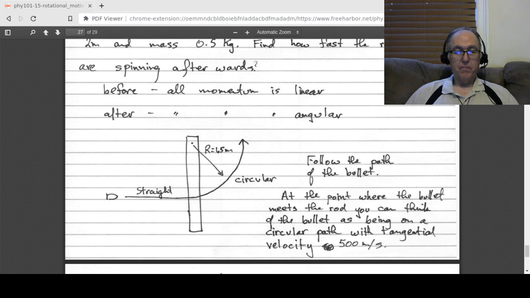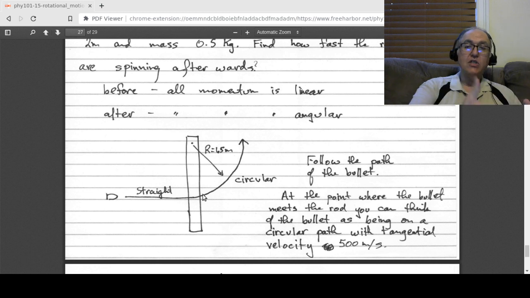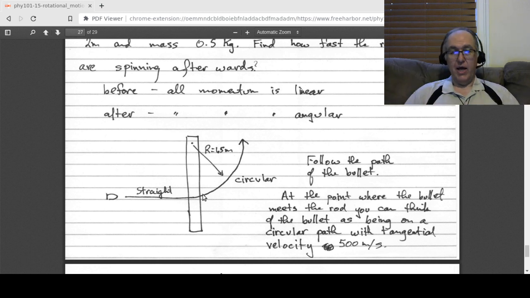I don't want you to think about it when it's right on the circle, because obviously after it hits the rod, it's going to slow down. Think about it just before it hits the rod. It's still on the straight line, still traveling at 500 meters per second, but it's also just starting on the curve. So we can convert that 500 meters per second linear velocity into its equivalent angular velocity on the curve with radius r equal to 1.5 meters.